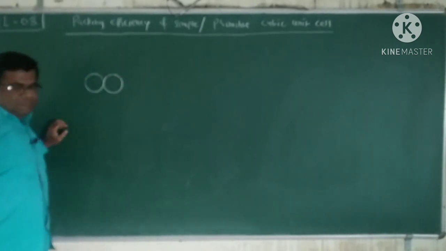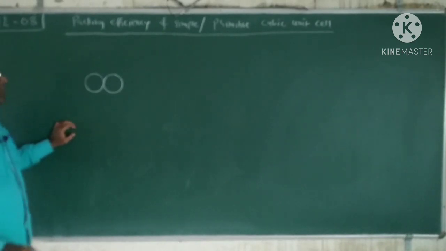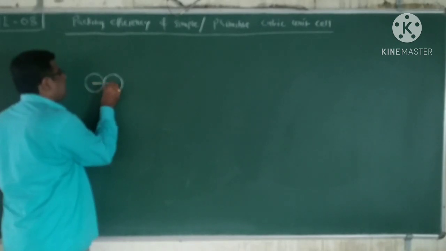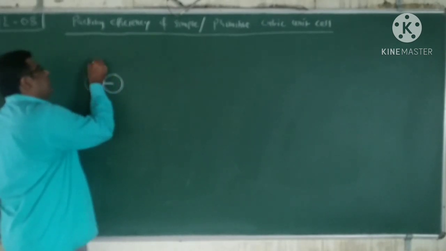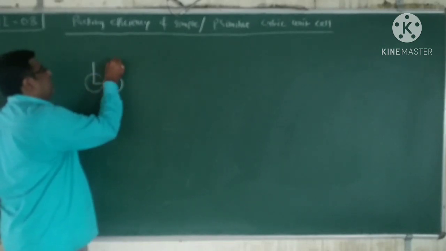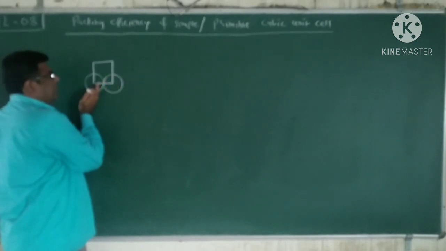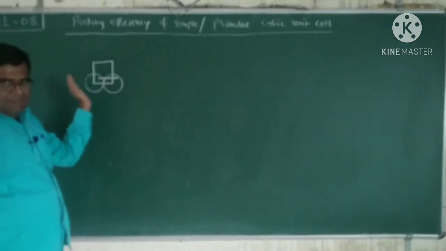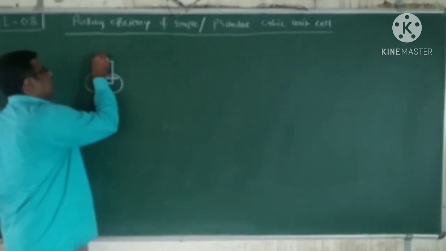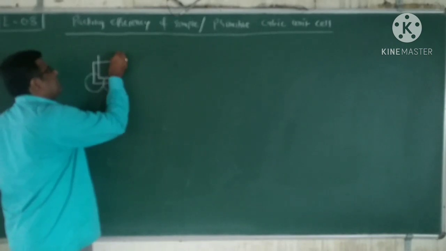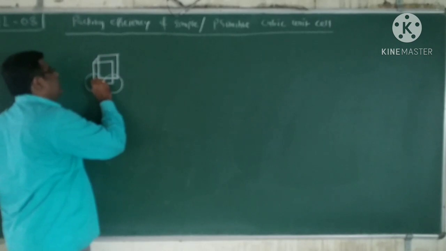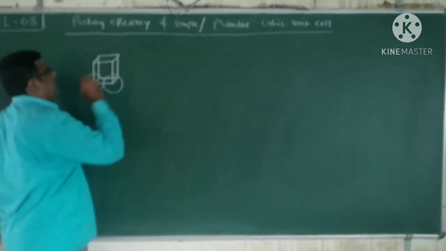And after drawing these 2 spheres, we have to take their centers, because these are lattice points, and we have to make one plane here like this, one more plane at this somewhat slanted location. We have to create like this, and then this cube is created over here like this.